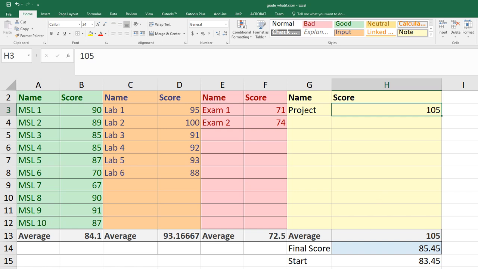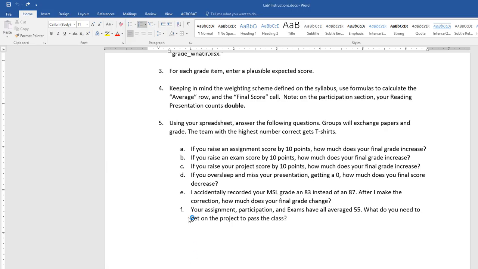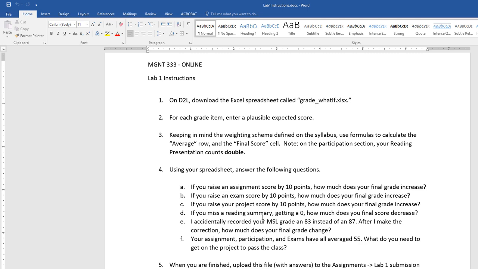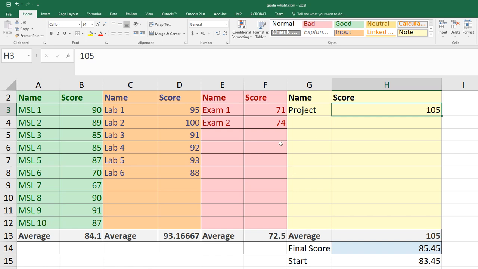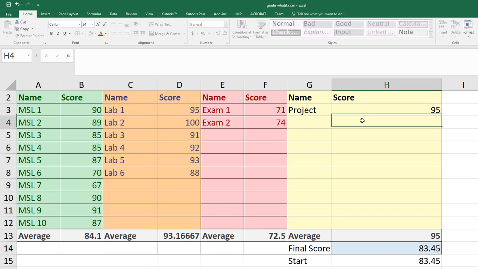Let's look at the next one. That's once again the wrong one. If you miss a reading summary, getting a 0, how much does your final score decrease? We'll set this back to 95.